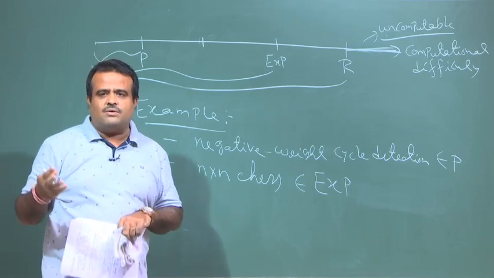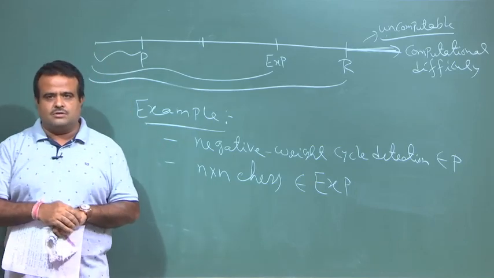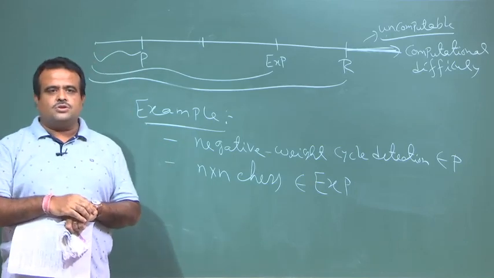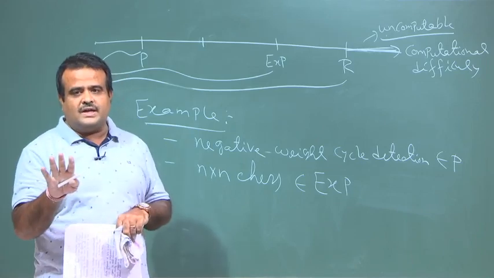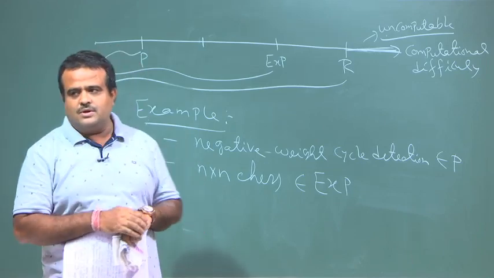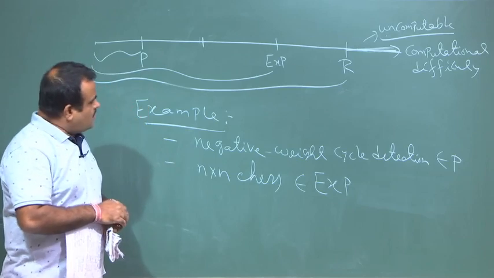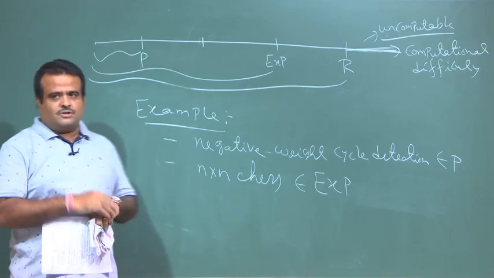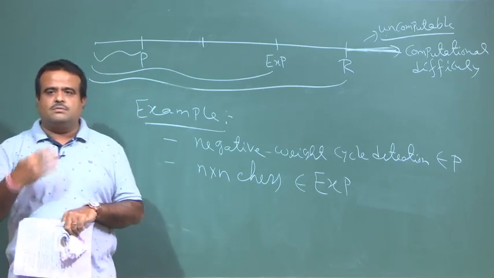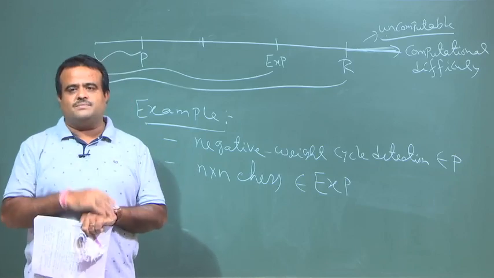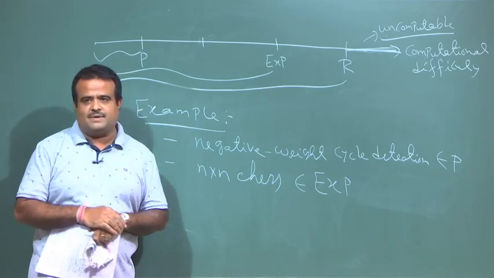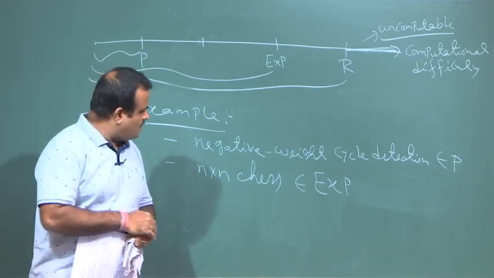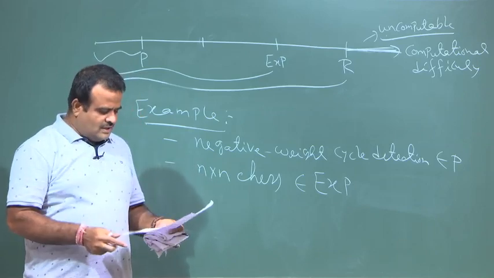We want to decide whether white wins or not. This problem has no polynomial time algorithm. We can try all possible moves, so this is basically an exponential time problem.